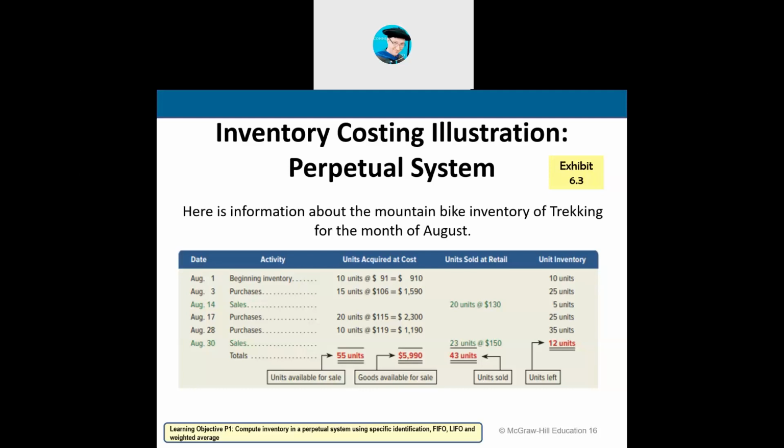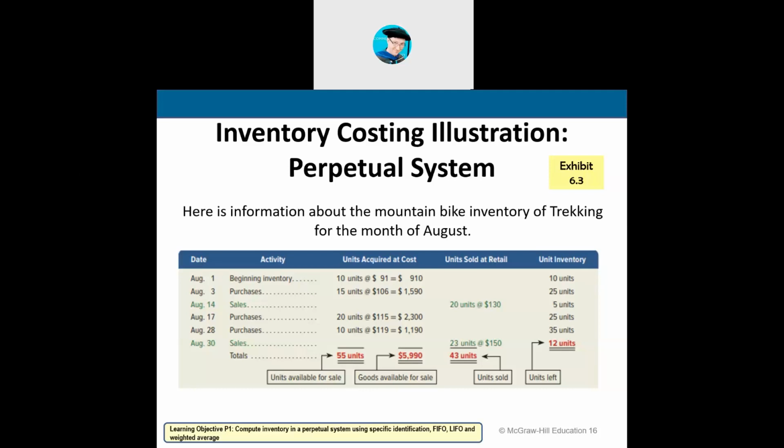Then I made some sales. I started selling some mountain bikes over the next couple weeks. August 14th, I sold 20 mountain bikes at $130 a bike. It's not great, but it's not bad. Which means I have 5 units of inventory left on August 14th.